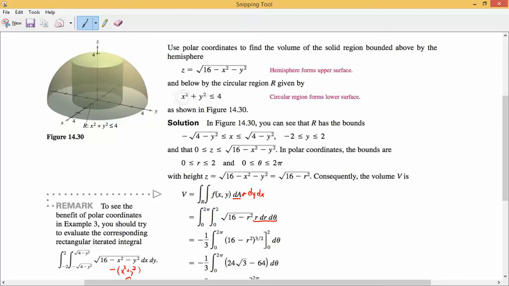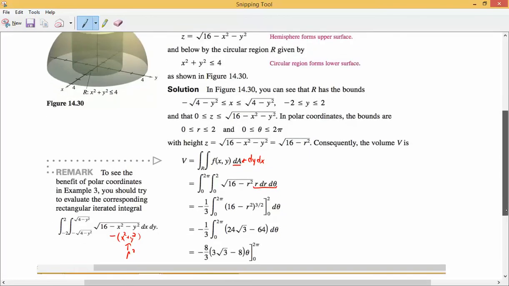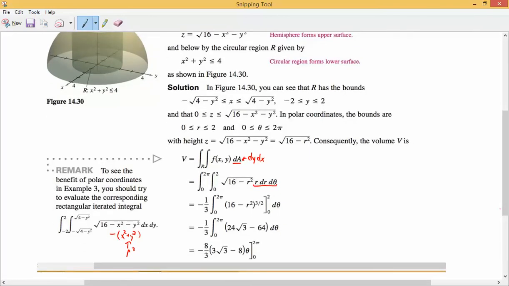Well, think about this like x squared plus y squared equals 4. So the radius is 2. So you see 0 to 2. That's your radius. And then the angle measure all the way around, 0 to 2 pi.